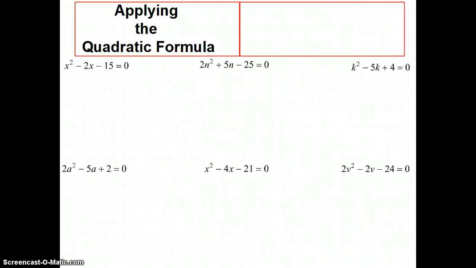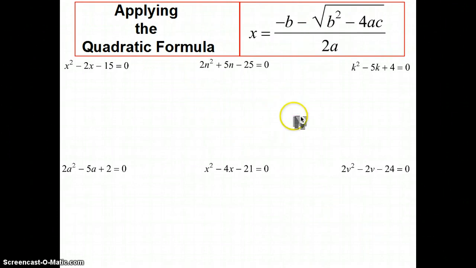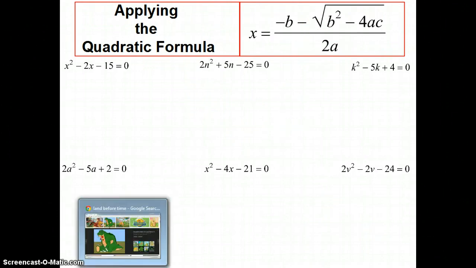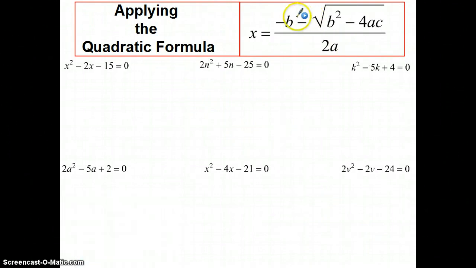We'll go ahead and use that formula here. Please write it down. X equals negative b, plus or minus, the square root of b squared minus 4ac all over 2 times a. Step 1, I'm going to make sure that my equation is equal to 0, and it is. Step 2, I list my a, which is 1, my b here, which is negative 2, my c, which is negative 15, and I plug these into my formula.